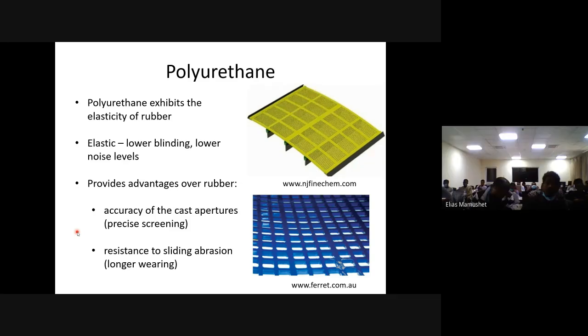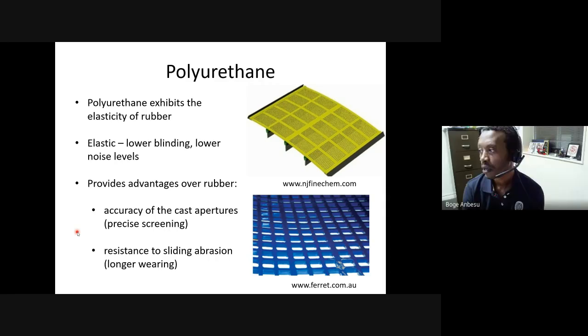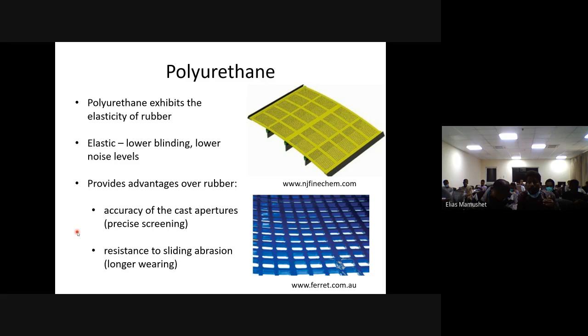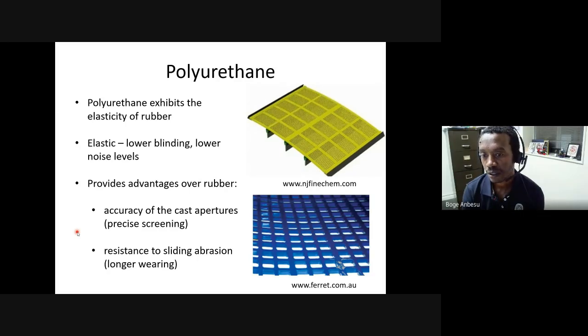Even though it decreases the blinding of the screen, how can we optimize to get the required liberation? And another question: how can you determine the specific elastic range of the surface area? Sorry, I don't know what you are asking. Specific elasticity rate. Yes. Okay.